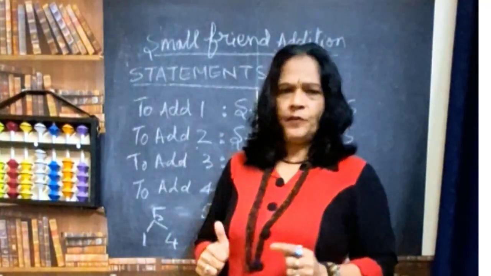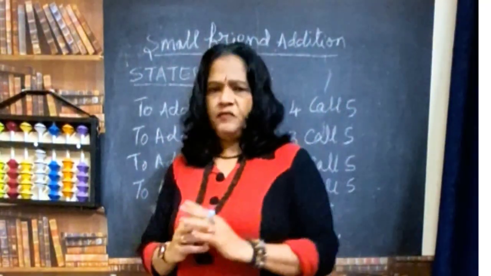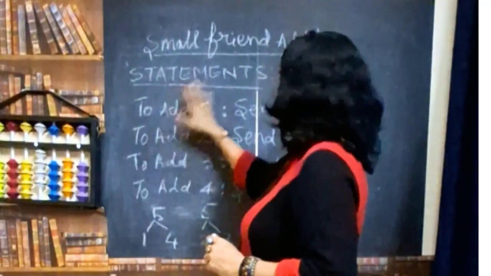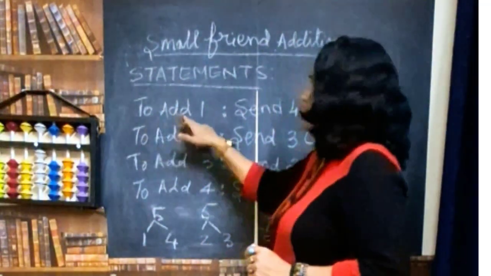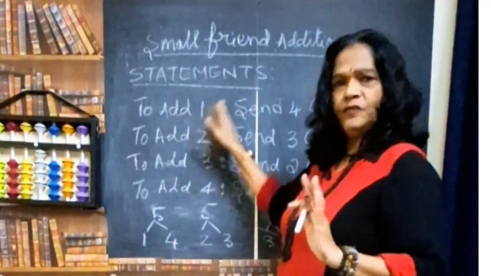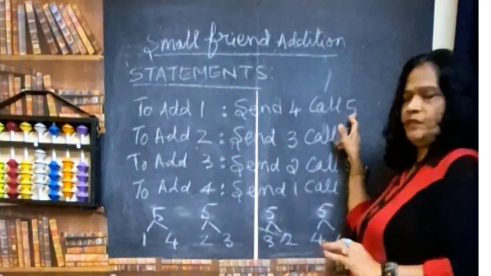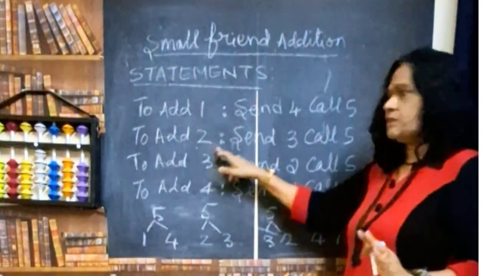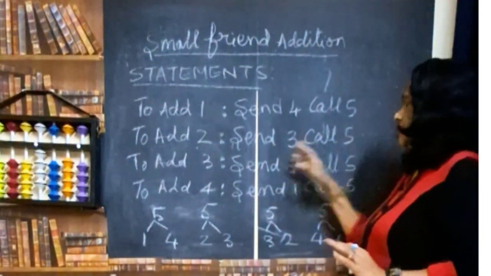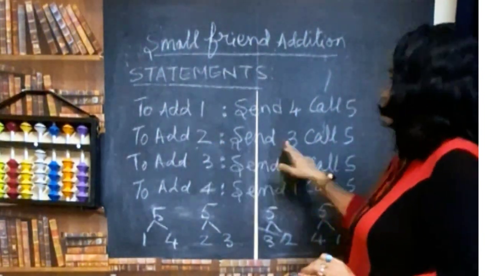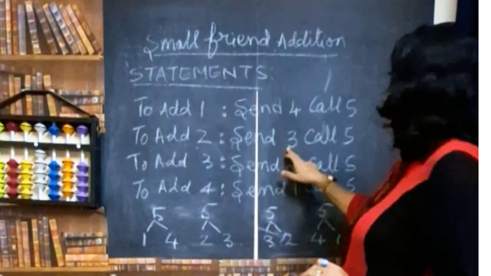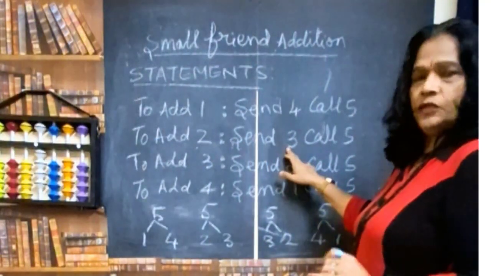Once we learn the friends, we have to learn the statement for how to add the numbers. So what are the statements? To add 1, we know friends now. To add 1, the statement is send 4, call 5. To add 2, what is the statement? Send 3, call 5. To add 2, send 3. 2's friend is 3, so that's what we are using.